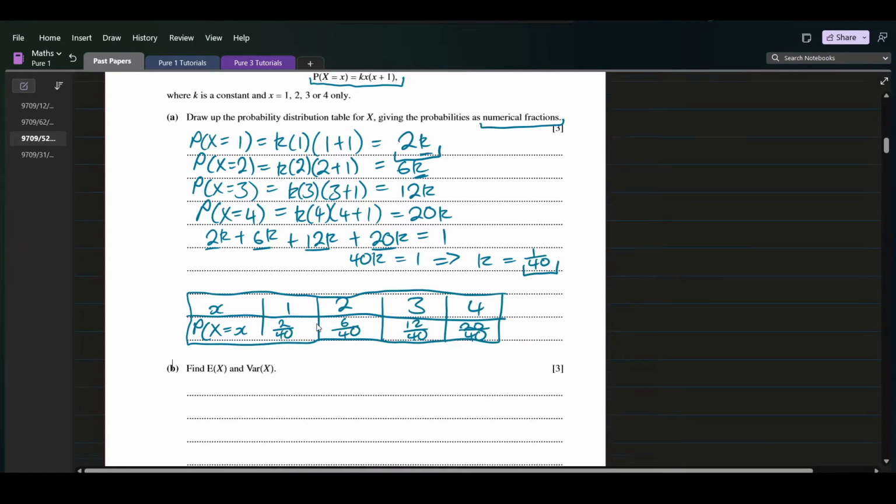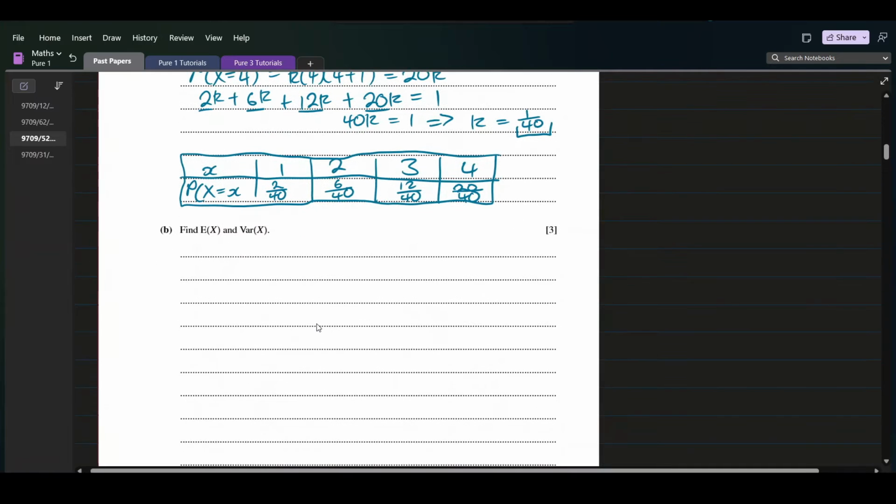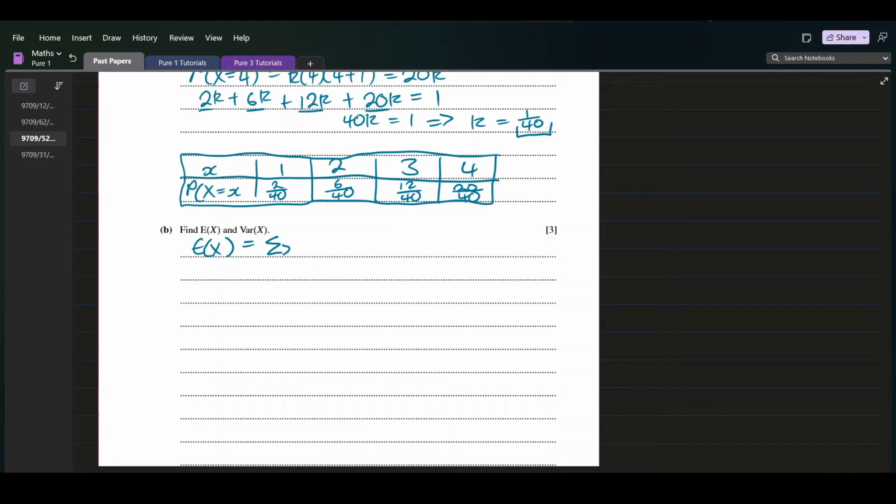Part B. Find the expectation of X and the variance of X. The formula for the expectation of X is the summation of x times p. So this becomes 1 times 2 over 40 plus 2 times 6 over 40 plus 3 times 12 over 40 plus 4 times 20 over 40.